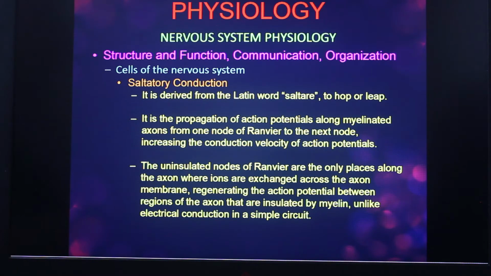The uninsulated nodes of Ranvier are the only places along the axon where ions are exchanged across the axon membrane, not at the areas where they are covered with the myelin sheath, regenerating the action potential between regions of the axon that are insulated by myelin, unlike electrical conduction in a simple electrical circuit.